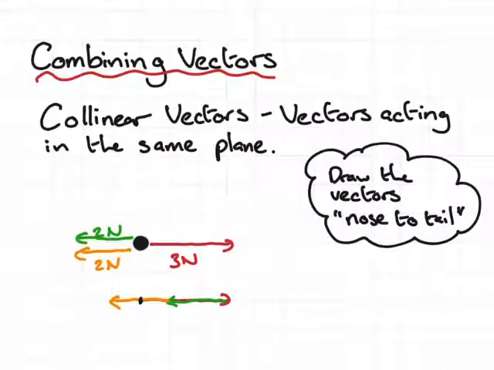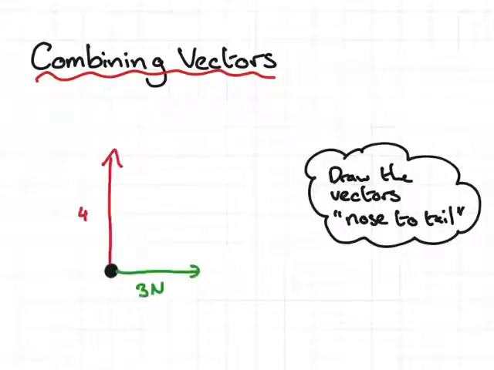We actually have a difference of 1 newton, and that 1 newton difference is acting in the opposite direction, so we have 1 newton acting to the left. Let us now consider vectors acting perpendicular to each other.